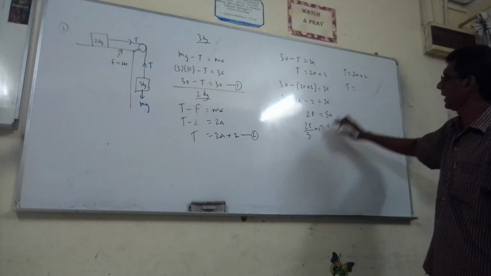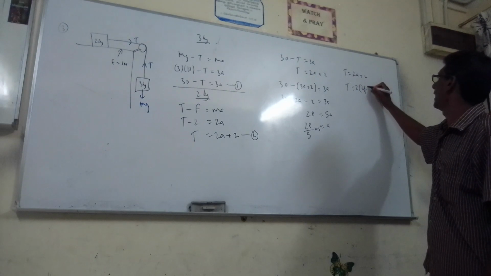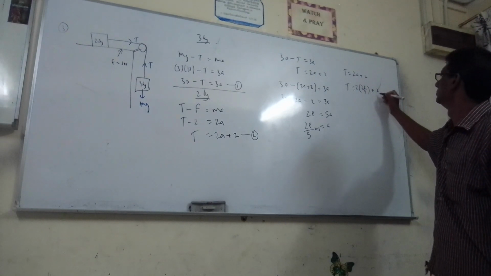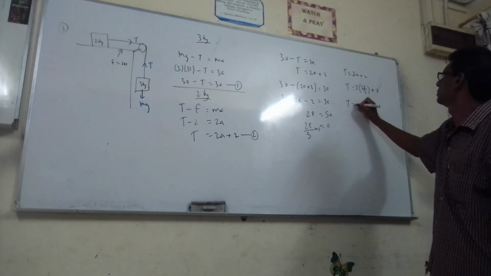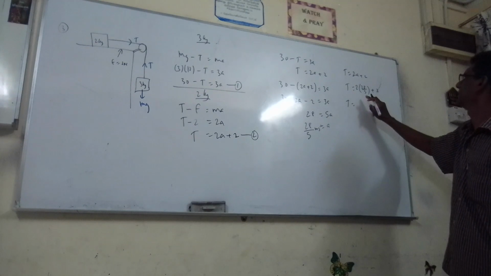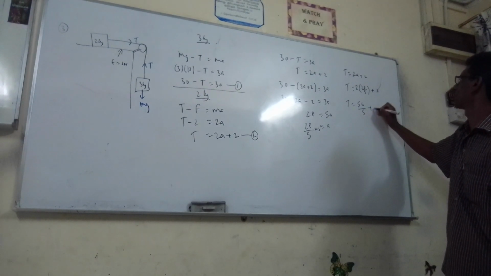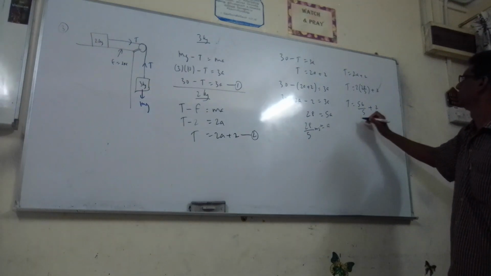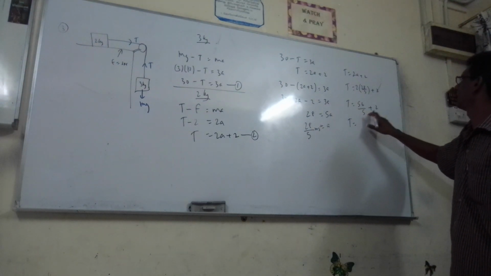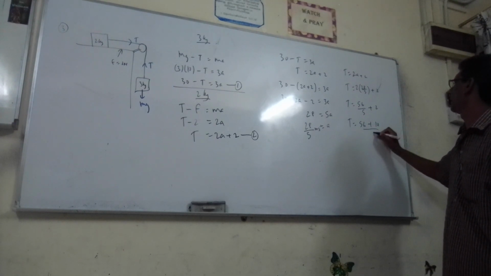T equals 2 times 28 over 5 plus 2. 2 times 28 is 56, over 5, plus 2, which is 10 over 5. So 56 plus 10 divided by 5.